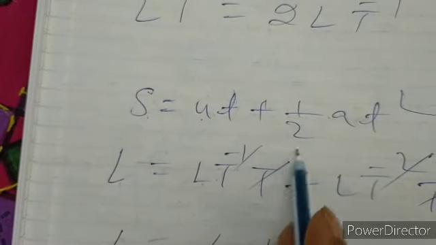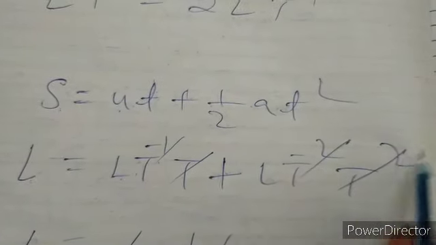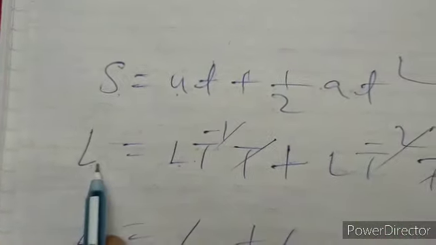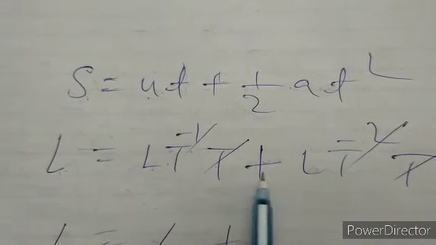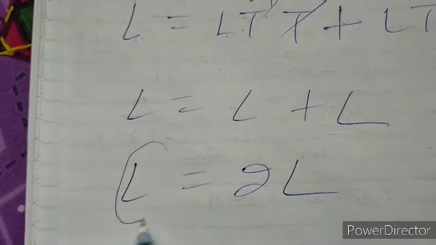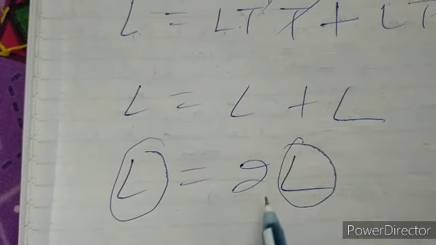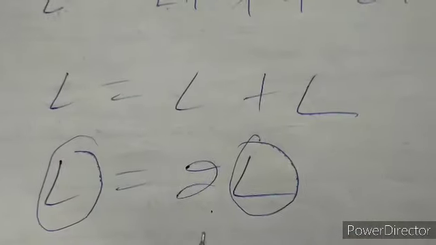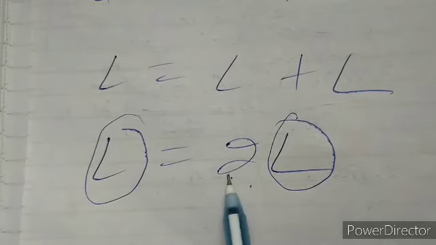Now minus 1 plus 1 cancel, minus 2 plus 2 cancel. Now we have L equals L plus L, L equals 2L. Since the dimensional formula on both sides is the same and this is a number, there is no problem with this number. The formula is correct.